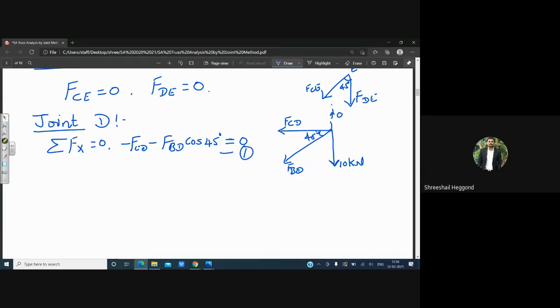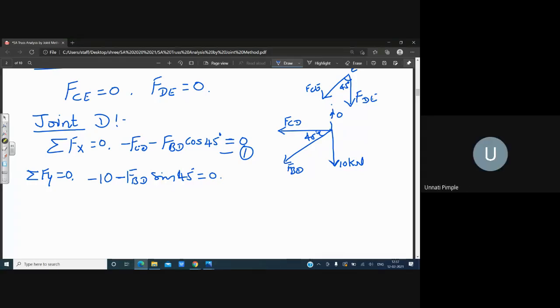Then write summation of Fy equal to 0. The equation can be written as 10 kN is acting downward and BD is also acting downward. Therefore, you can write minus 10 minus FBD sin 45 degrees is equal to 0. Solve this and find out the FBD value.